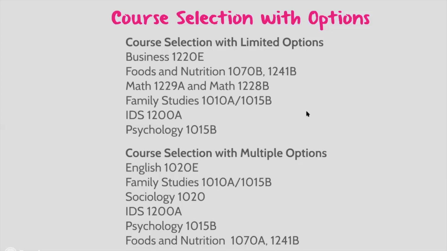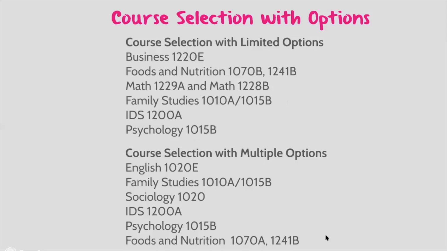But the way that the rest of their courses work together doesn't necessarily keep a lot of different options open. For example, they've chosen family studies, but the family studies modules also require either a psychology or a sociology alongside them in order to keep that door open. And then with only the half credit in psychology 1015B, that would not keep any of the psychology modules open either.